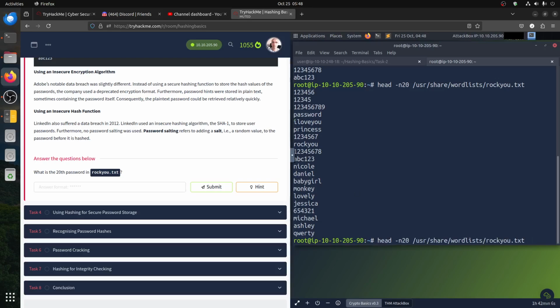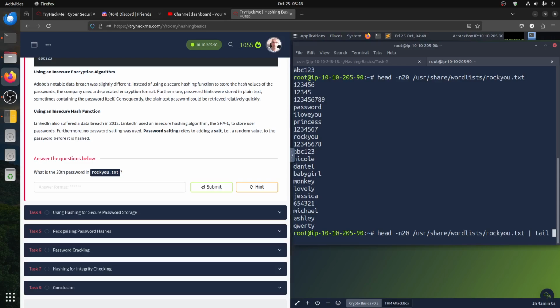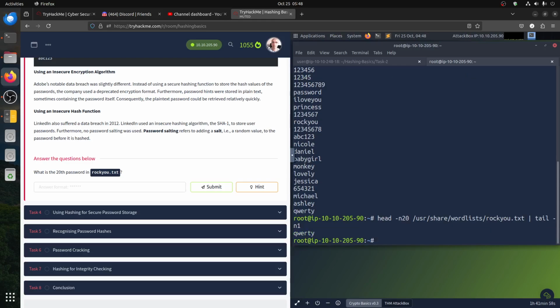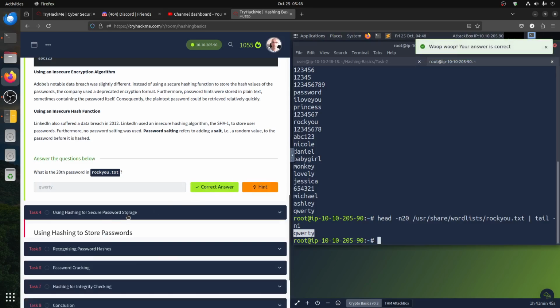So we just do this and then tail -n 1, so you get the password, the last one. You get the first 20 and then cut the last one, so you do the tail, and you just get this one.